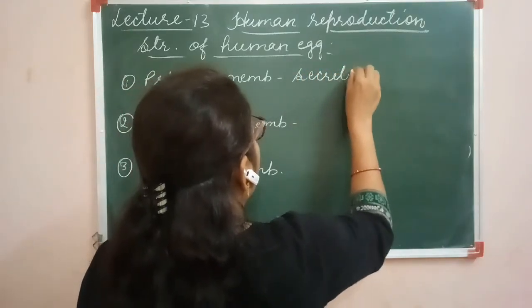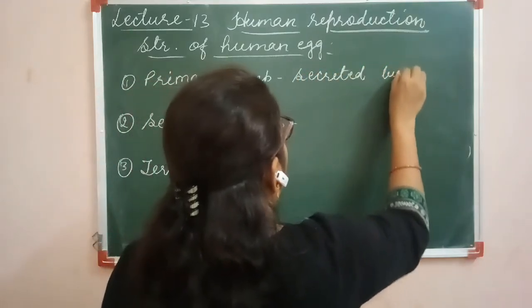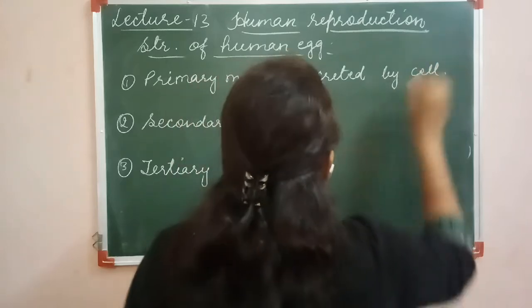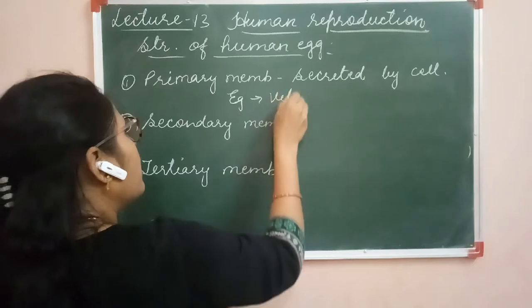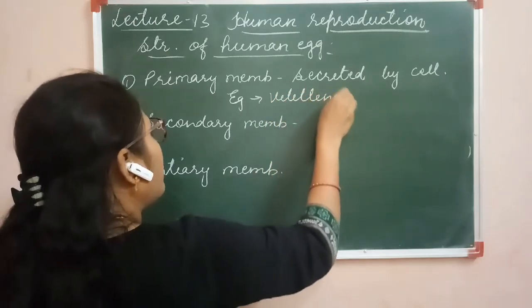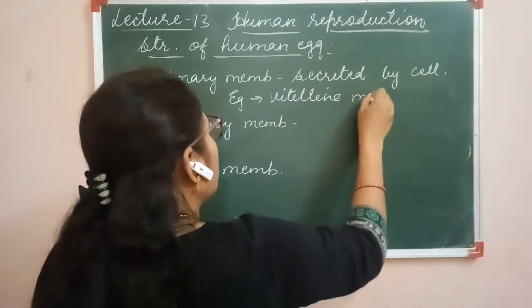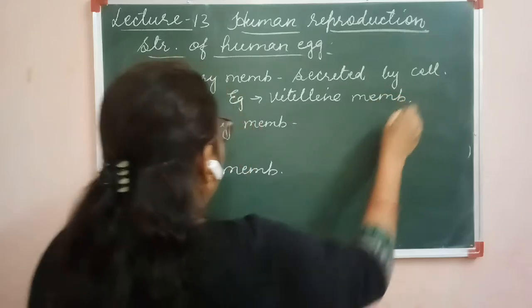The example of primary membrane is the vitelline membrane or the plasma membrane.